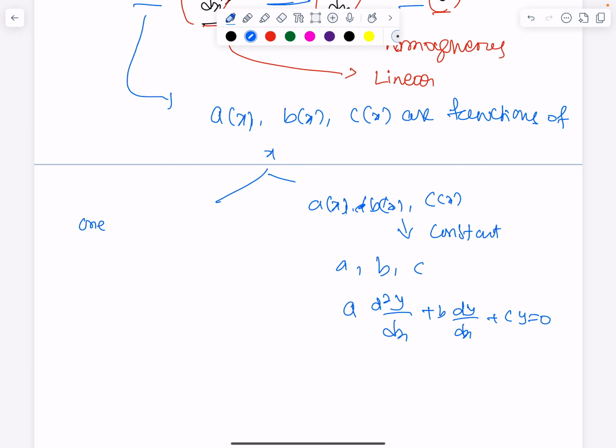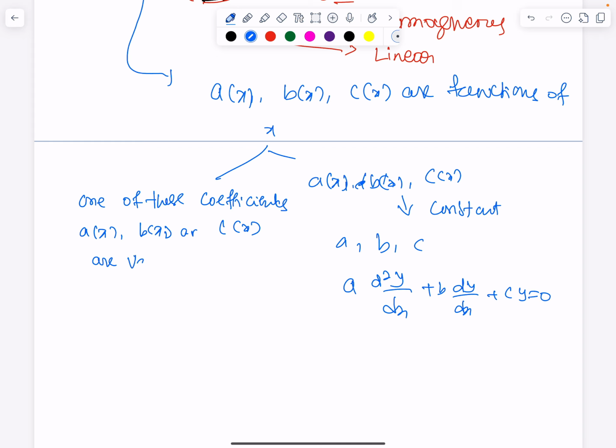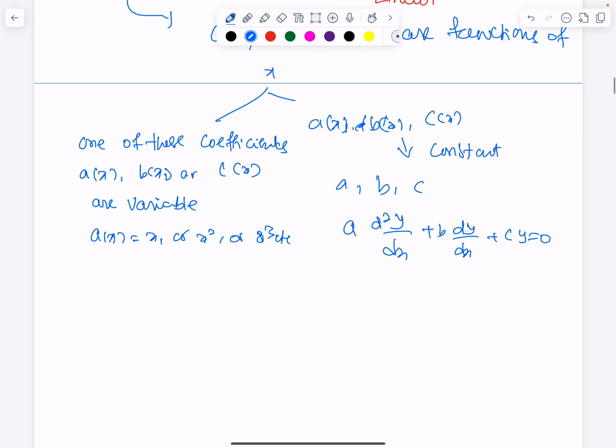If one of these coefficients a of x, b of x or c of x is variable, like for example a of x may be x or x square or x cube, etc. Anything it can be, or b of x may be x or x square, etc. Or c of x, same.